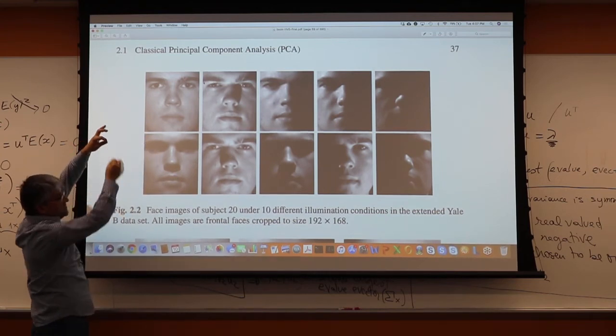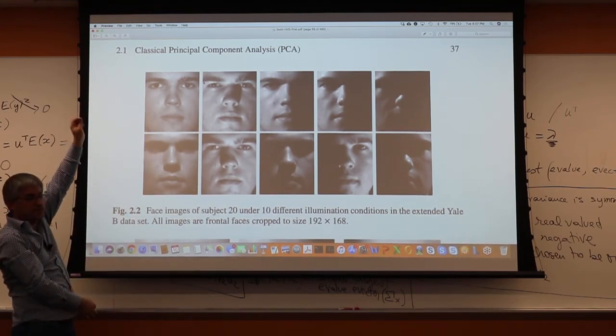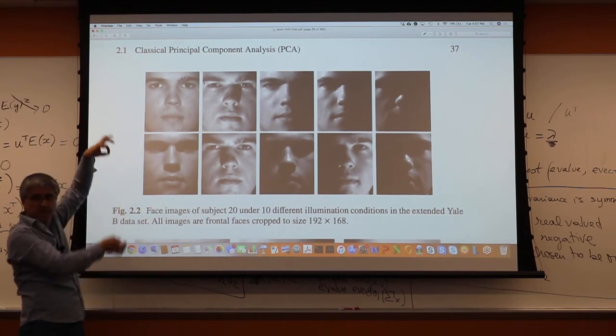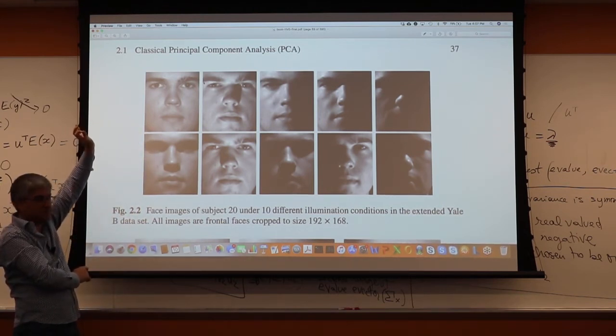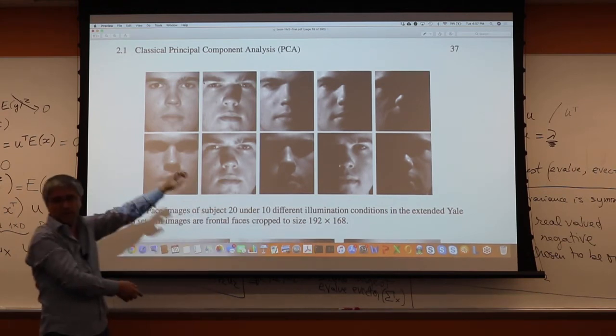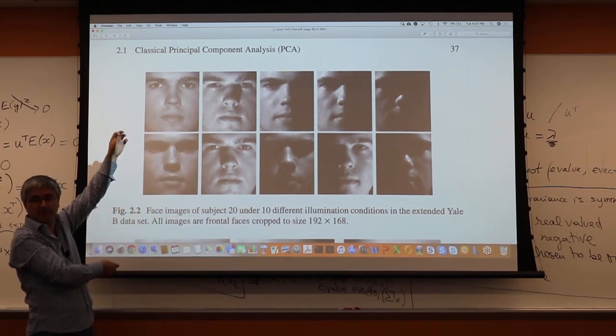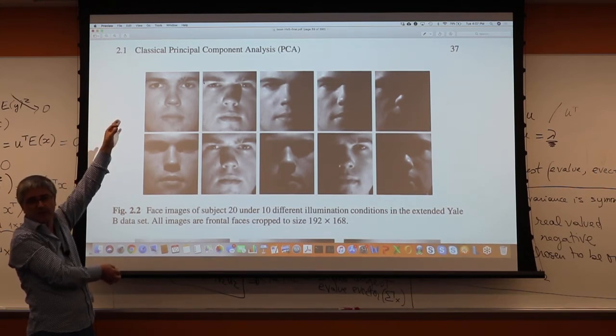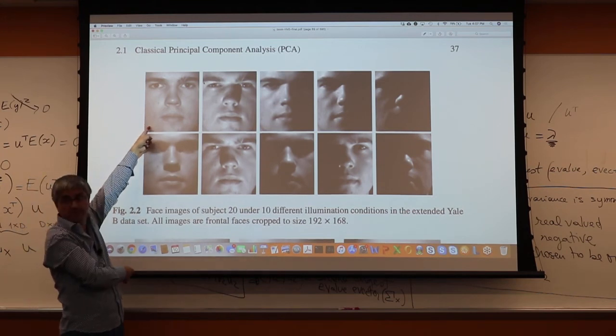And we are going to vectorize them into a single vector. So a single image just becomes one of my data points. And these images are 192 by 168, so I don't know how much that is, but a few thousand dimensions, whatever that is. Okay. So let's say it's 1,000 to make my life simple. So I have a 1,000-dimensional vector that corresponds to that picture.